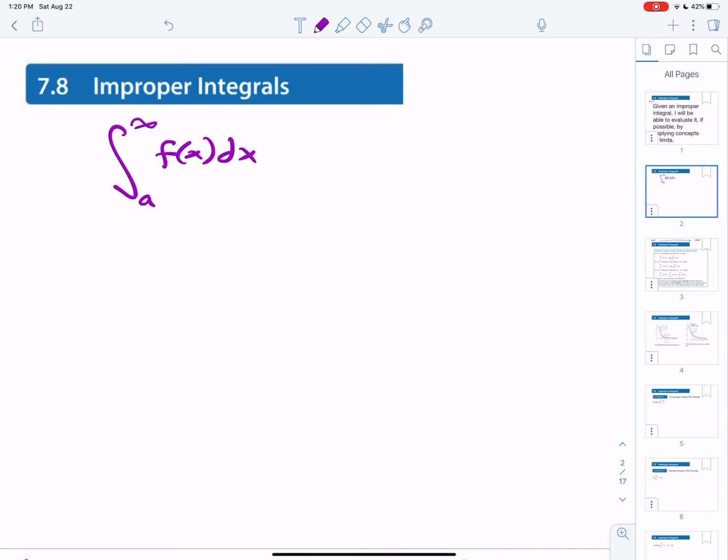Or let's say we're going from negative infinity to b. These right here are examples of an improper integral, when one of your bounds is an infinity. Sometimes you'll have both, but it doesn't happen very often, okay?